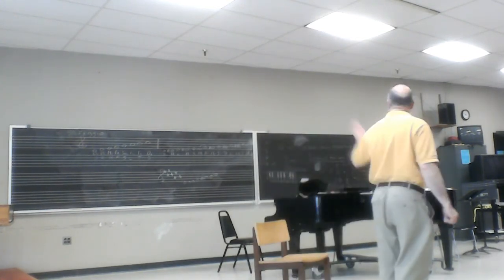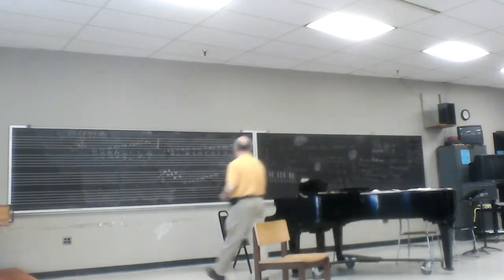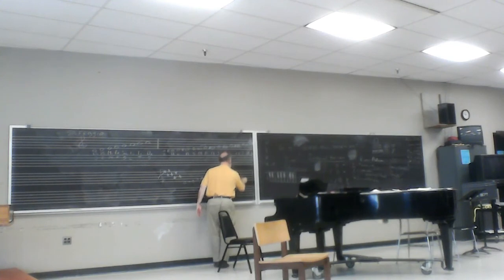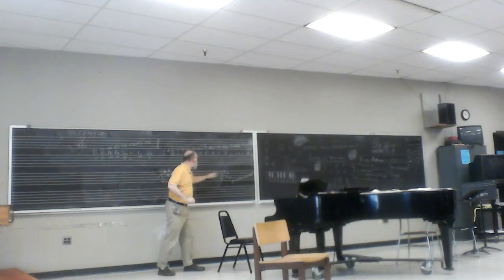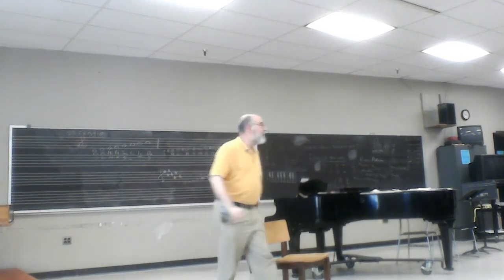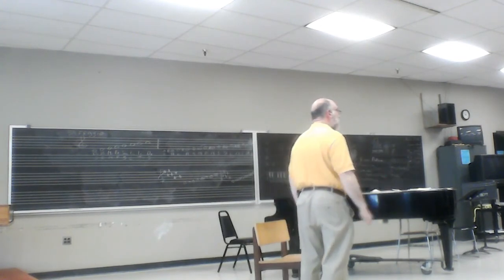However, what's the relationship between this and this? What's the relationship between that and that? Yes, sir. You only have 5 flats in the others. That does not tell me one word about the relationship between these two things. They are enharmonic twins of each other.